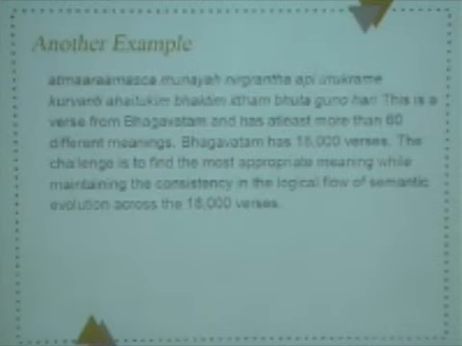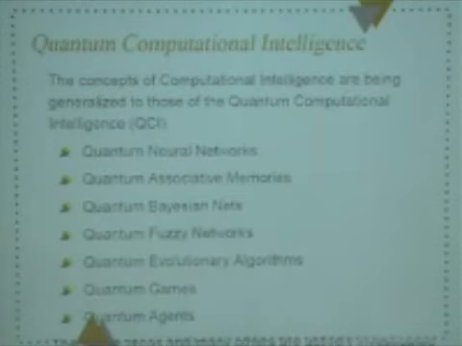You have to derive, as one of the meanings, at least the most appropriate meaning given the total context of 18,000 verses. So what I'm trying to tell is the information explosion that happens when I have to derive an appropriate semantic meaning. It's a very, very difficult problem. So the question is, can we solve this? Before that, let me also.